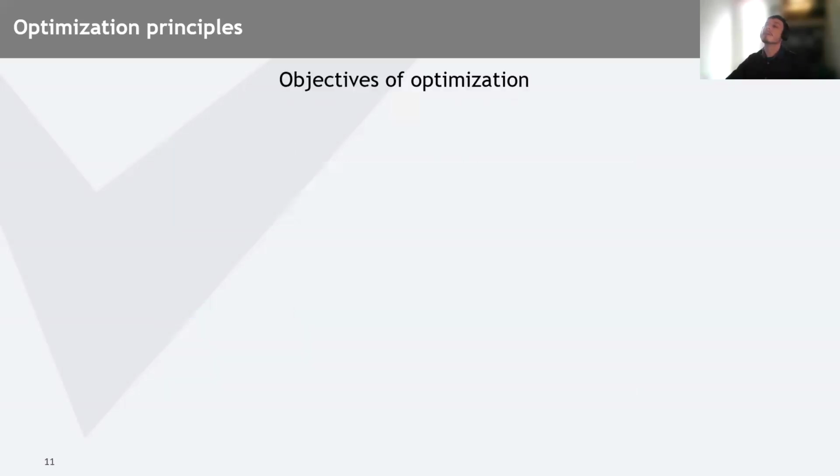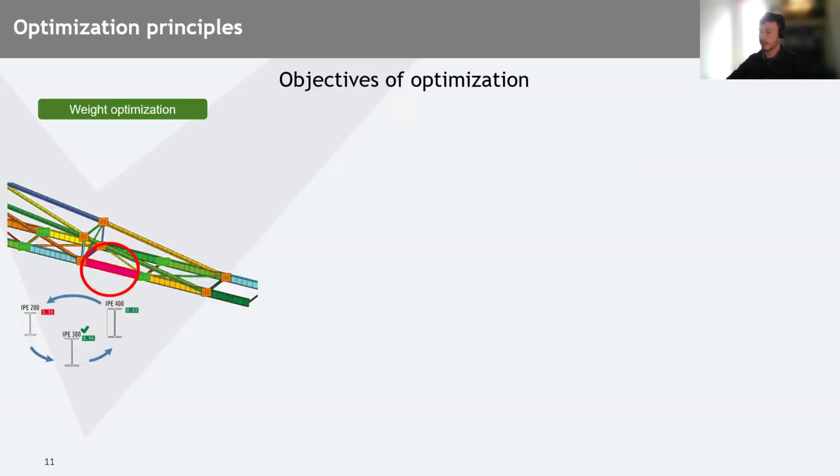And then we can define the objectives of optimization. So we have methods, and now we define what we would like to optimize. So first of all, I think one of the most important is, for example, weight optimization, which also relates to cost optimization.